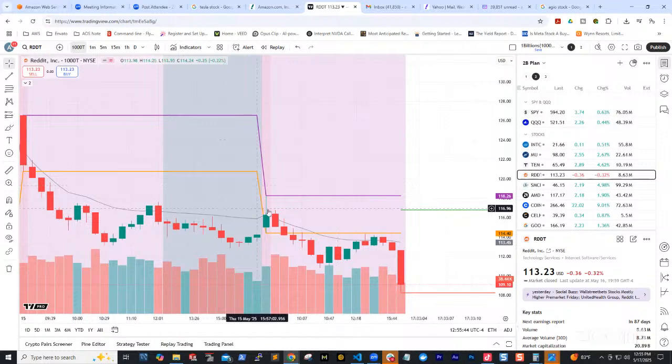So if I see a particular stock dropping, for example, early in the morning it dropped to the yellow and the red line, I'll start buying it on the yellow, because sometimes they'll go to the yellow and go back up, and sometimes they'll go to the red and go back up. So I'll start a small position on the yellow, and if it drops to the red, add another position. Then once it swings back up, sell it, right?